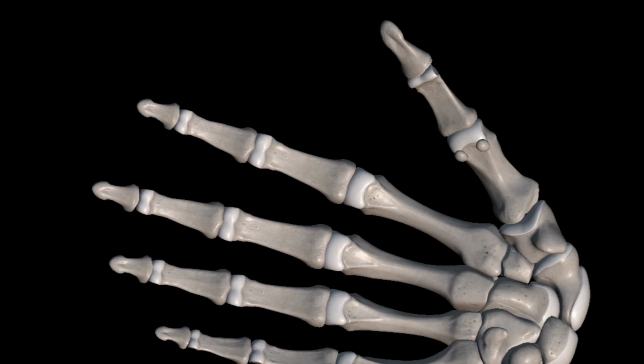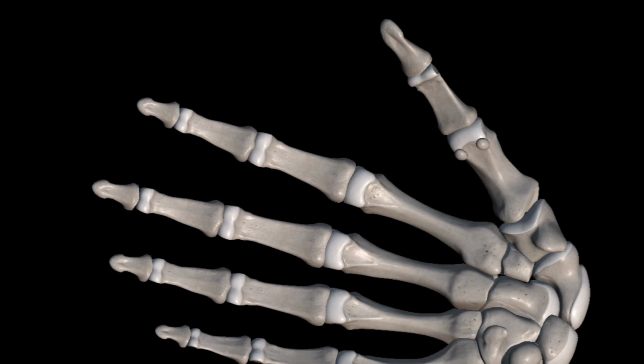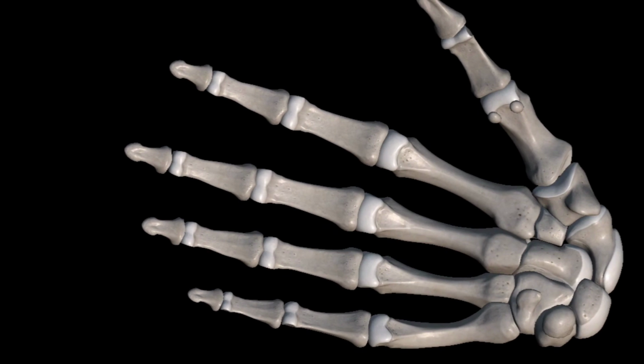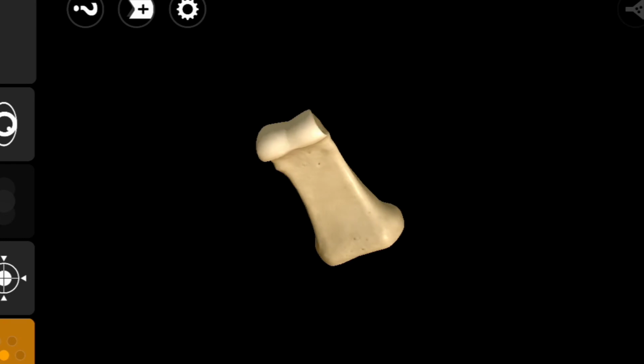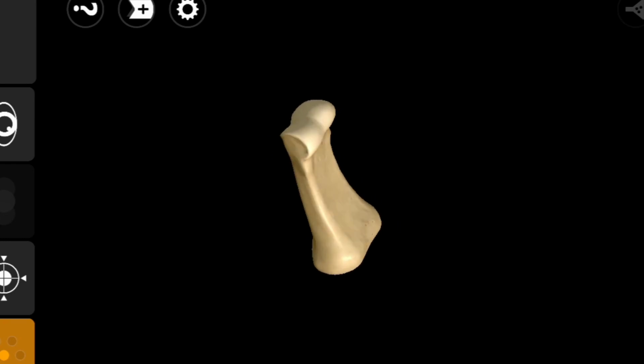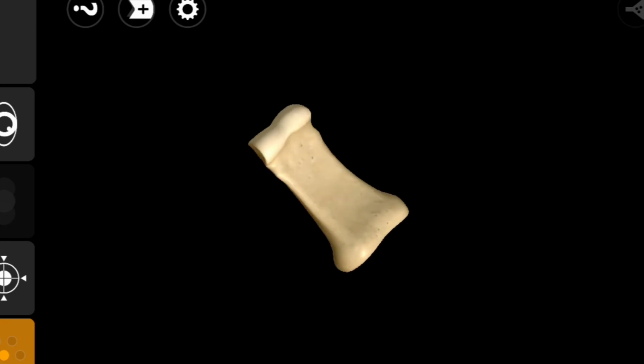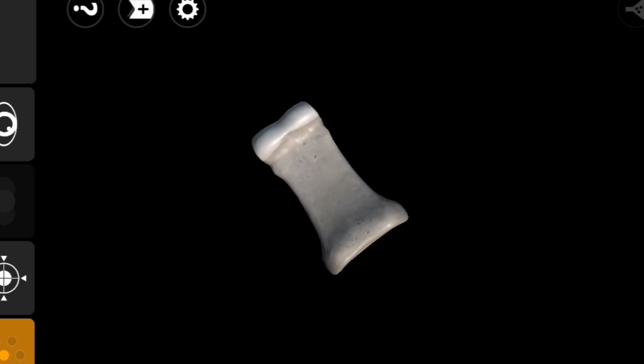And now we will discuss every phalanx, and then we will discuss its features. Take this one, the proximal phalanx of the thumb. It also has three parts. This is the base, shaft, and then finally head.